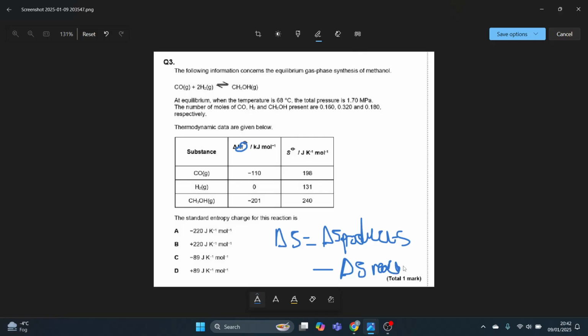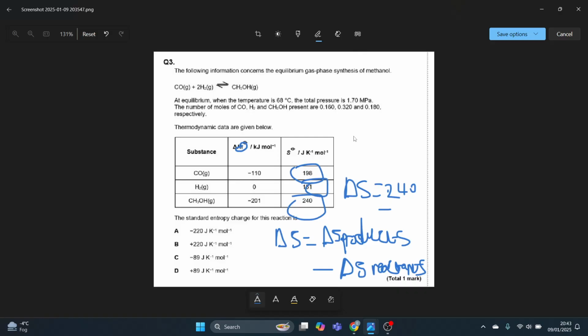You have to know what you're looking for, because it gives you a lot of information. Once you realize all we're looking for is the entropy change, it equals 240 minus entropy of reactants, 198 plus 2 of that.